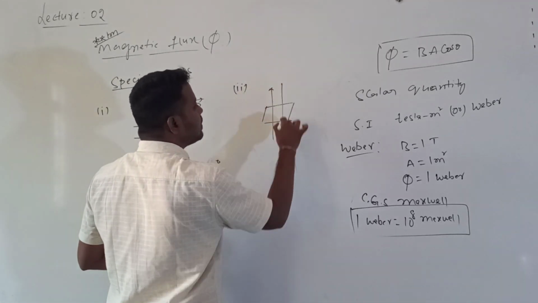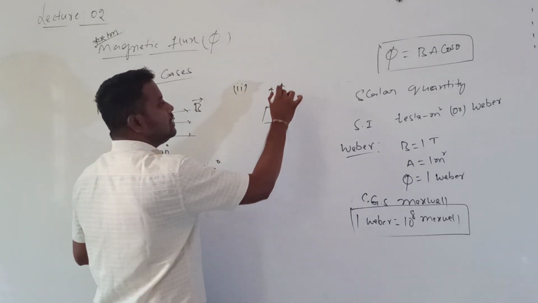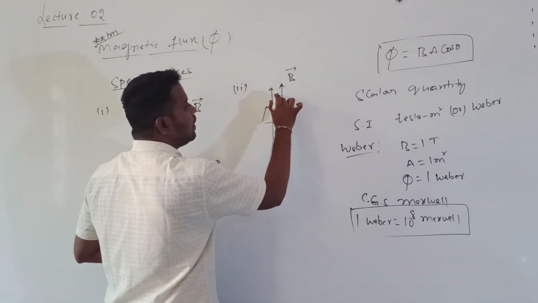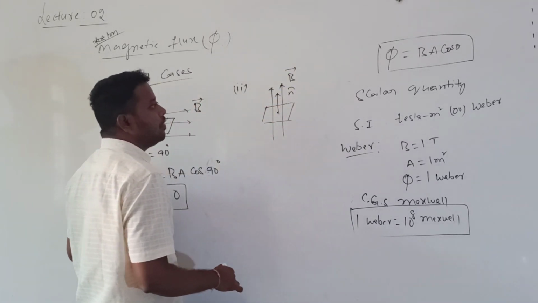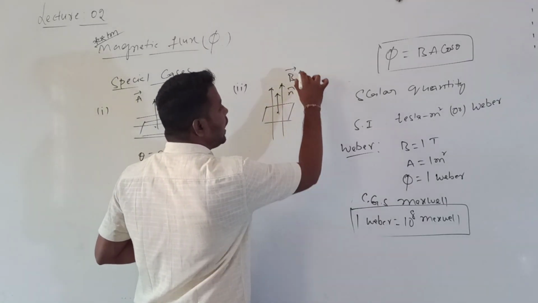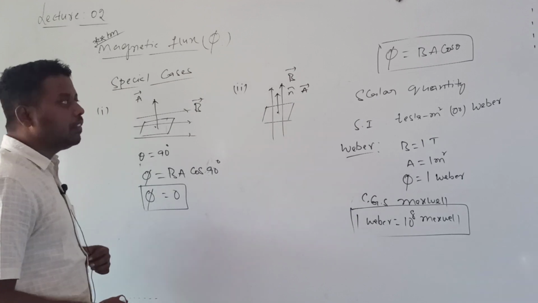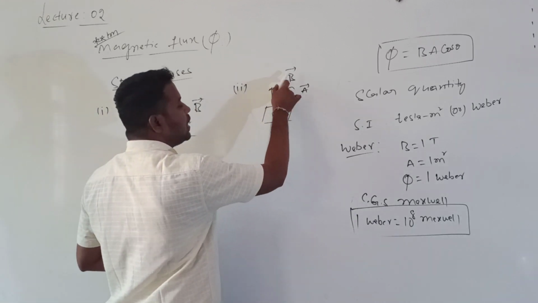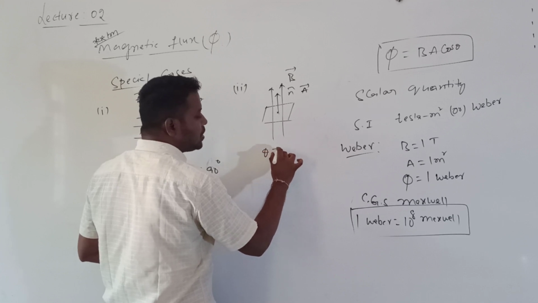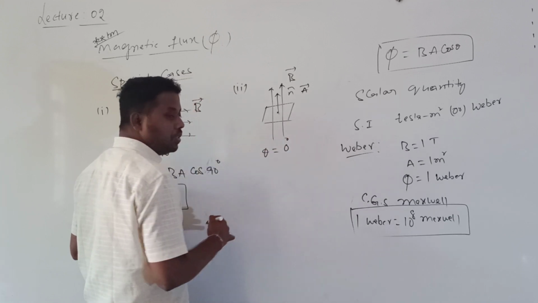The second one is, whenever the magnetic field is normal to the surface. This is our given surface, and this is the direction of B bar. What is the direction of the normal? This one, n cap. The n cap direction is the direction of A bar. B bar and A bar are both in the same direction, so theta value is equal to 0.